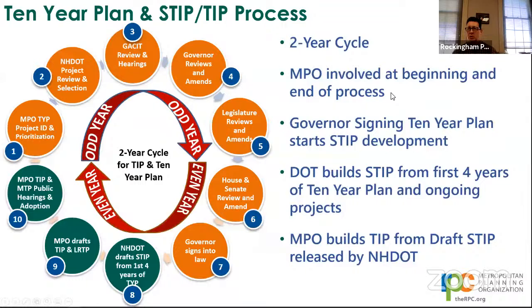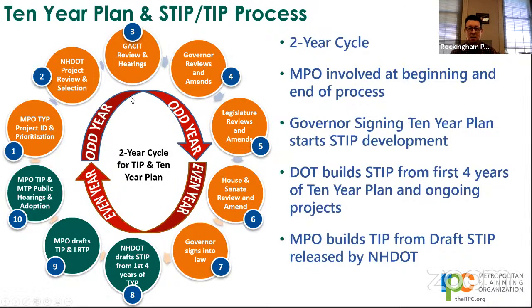Similarly, the 10-year plan cycle is a 2-year cycle. We're involved at the beginning and at the end of that process. This is more established in state law in terms of the timing, but during odd years, we work on identifying projects and prioritizing those for the 10-year plan, and DOT works on developing a draft 10-year plan. Then in the fall of the odd years, there are the GACIT hearings and review of the plan, and sometimes there are multiple drafts developed for that.